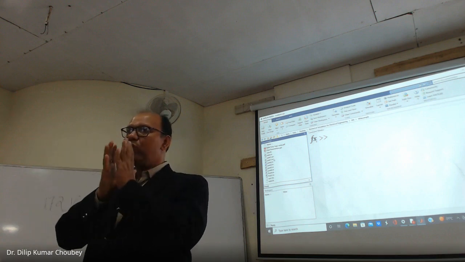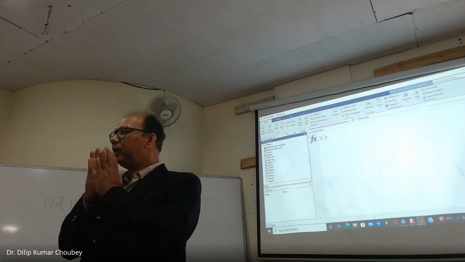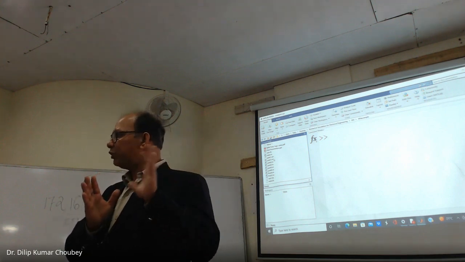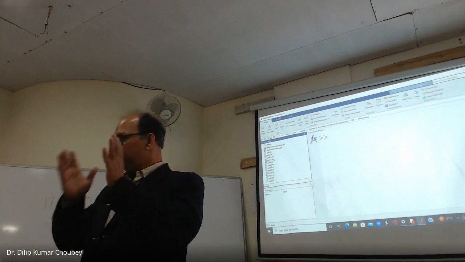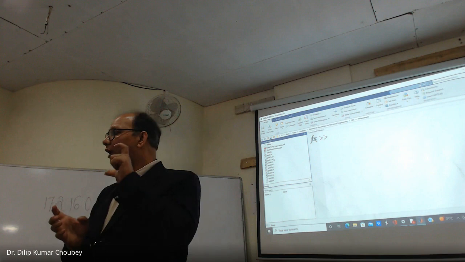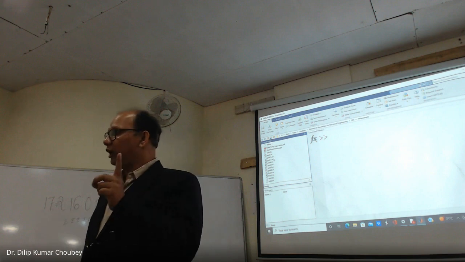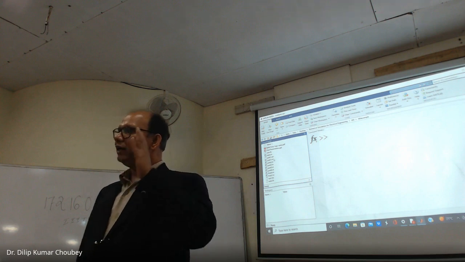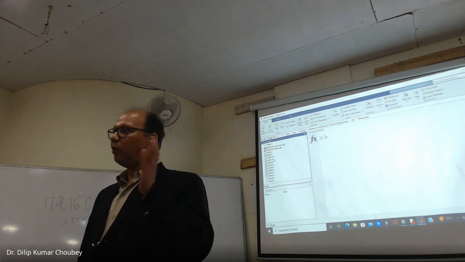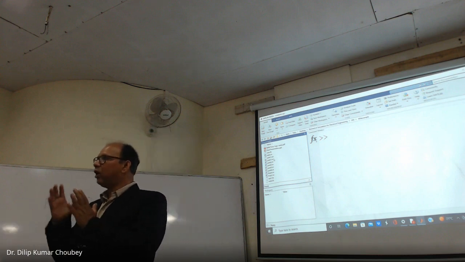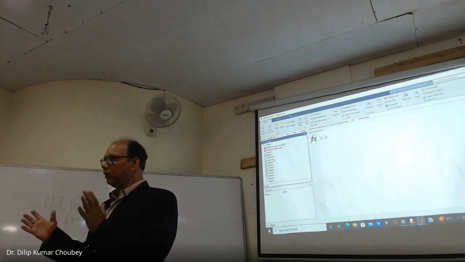The input layer depends on how many inputs you consider from outside. That is not in your hand. The number of input nodes in the neural network is not in your hand. How many inputs you want for your system depends on the system and the problem. Similarly, the output depends on how many outputs you want from the neural network.